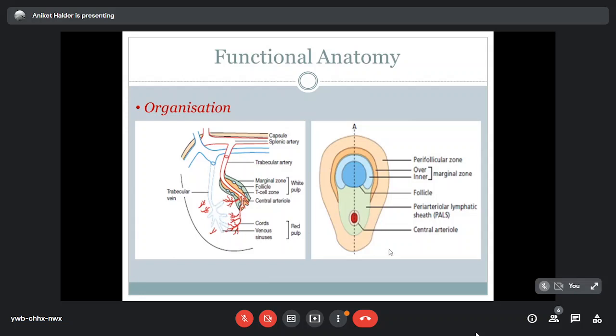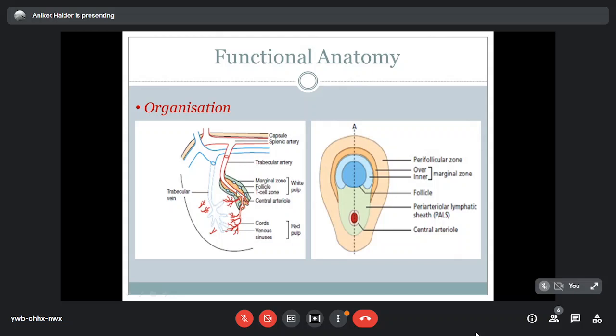Going to the anatomy, the spleen receives its blood supply from the splenic artery. The splenic artery enters the spleen through the hilum, and it branches into the trabecular artery. The terminal branches of the trabecular artery, as they enter the splenic parenchyma, are covered by a coaxial lymphoid sheath.